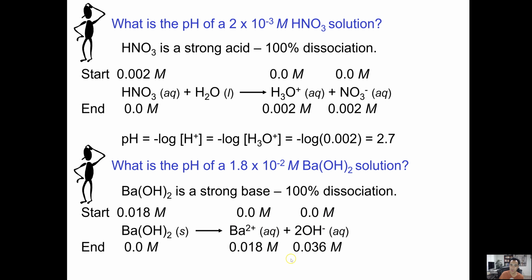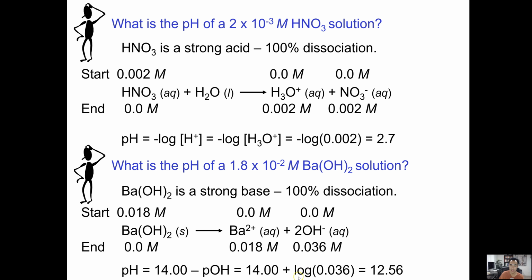Now the reason why we use 0.036 molar here, not 0.018, is because you have 2 hydroxides per formula unit. So out of that 0.018, you're going to end up producing 0.018 of barium, but instead of producing 0.018 of the hydroxide, you'll be doubling it because you have 2 of those.